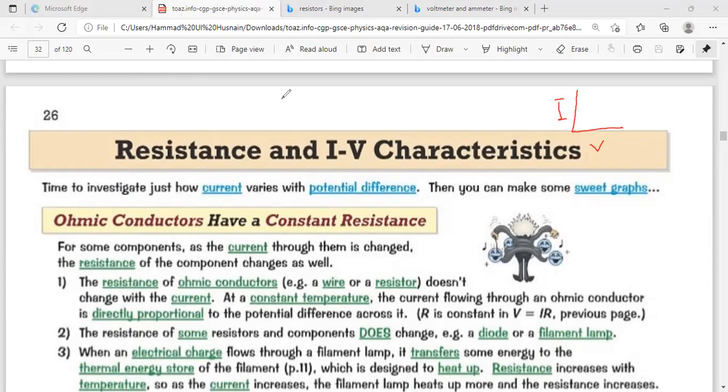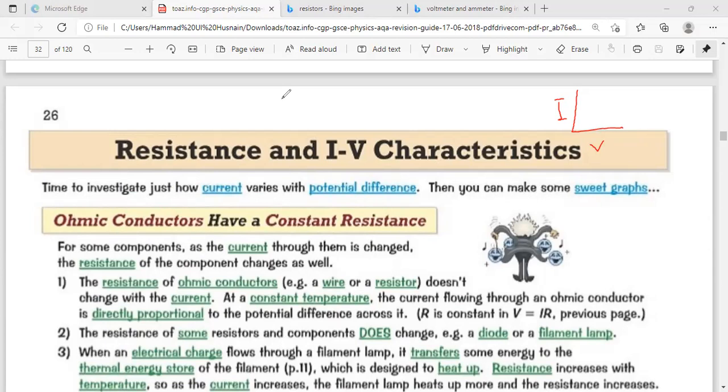So voltage is independent of current, but current is dependent on voltage. So that's why we take voltage on the x-axis and current on the y-axis. The graph between voltage and current is called IV characteristic. So you got my point about what IV characteristics means?